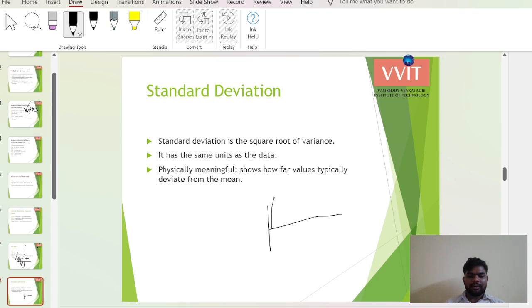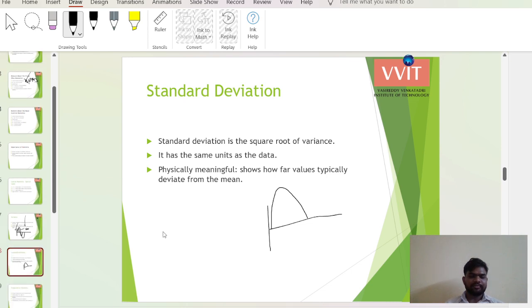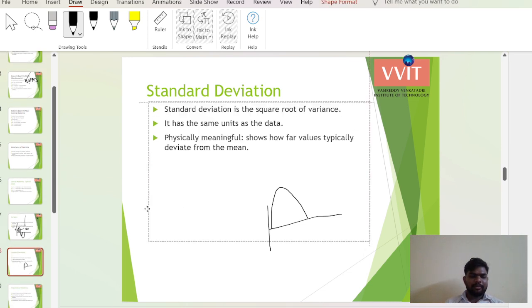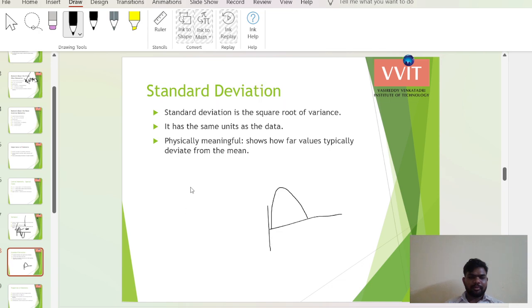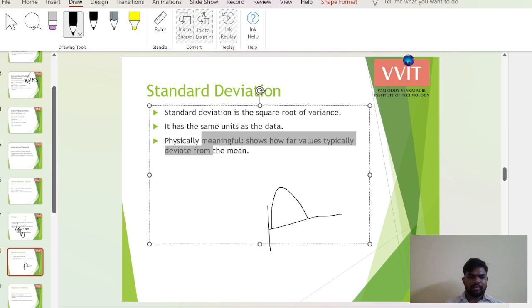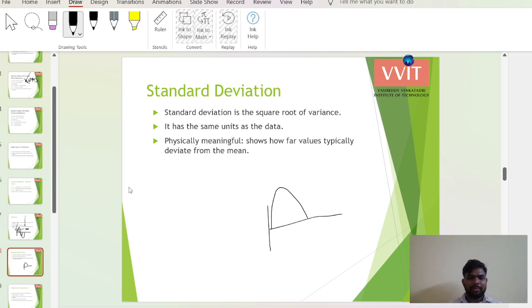My point is how the signal deviates from the mean. That is called the physical meaning. It is called the deviation from the mean. The mean means mu naught is equal to 1. That is the mean.